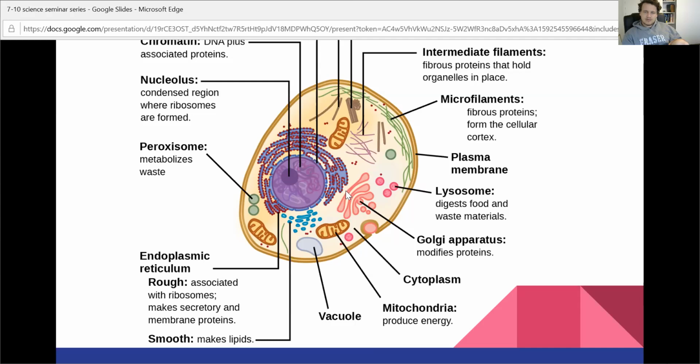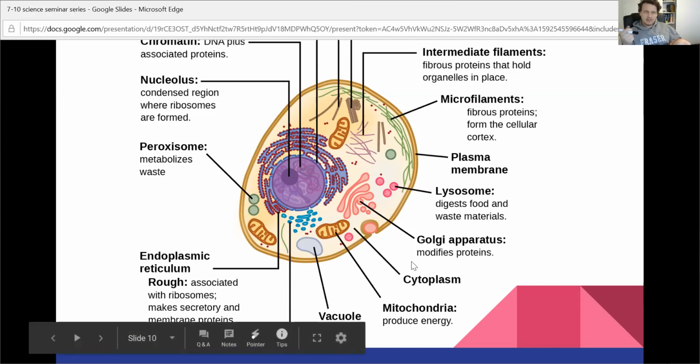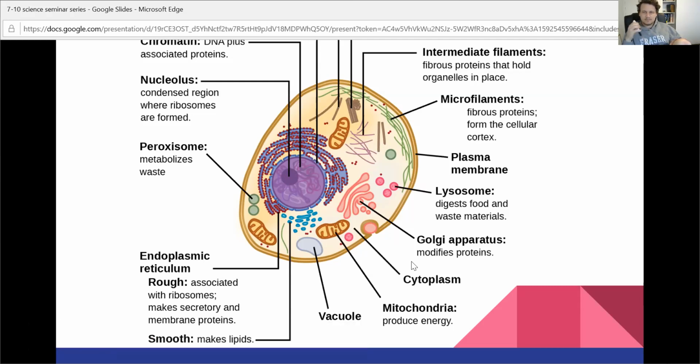So proteins made from the genetic information here travel along, get folded up, packaged here, and sent to either somewhere in the cell, or sent out here. It fuses with the cell membrane and explodes, and the contents, or the proteins, are released.